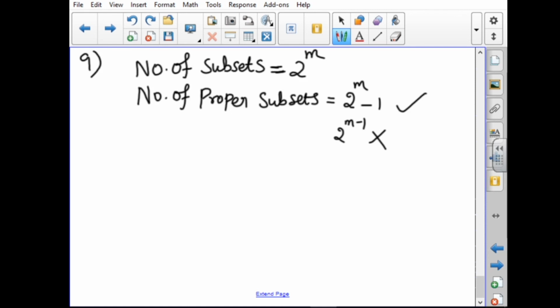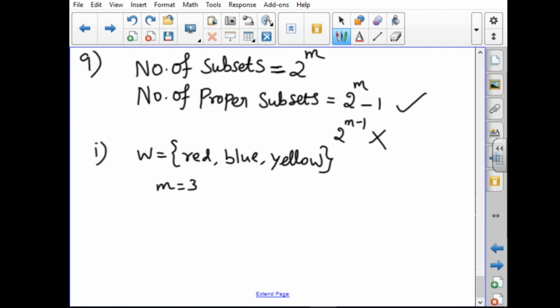So first one, the question is W is equal to red, blue, yellow. So totally 3 elements are there. So that means here m is equal to 3. Therefore number of subsets is equal to 2 power 3, that is 8.